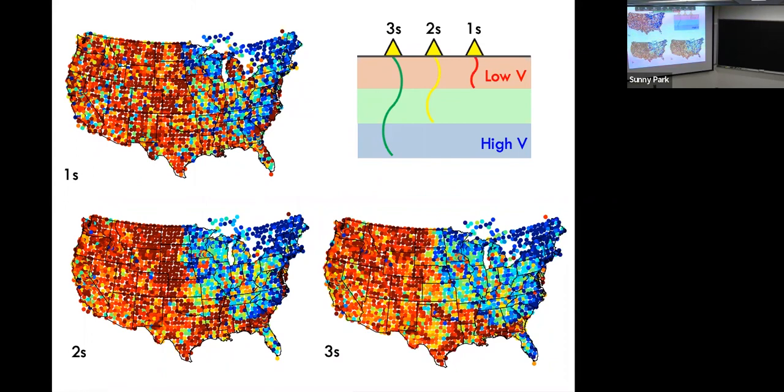You can see they're a bit more scattered in the 1 second map. We think that's because as you get shallower, we have much more contrast and varying velocities at shallower depth, and it's becoming more consistent with surrounding values as you go into 2 and 3 seconds.